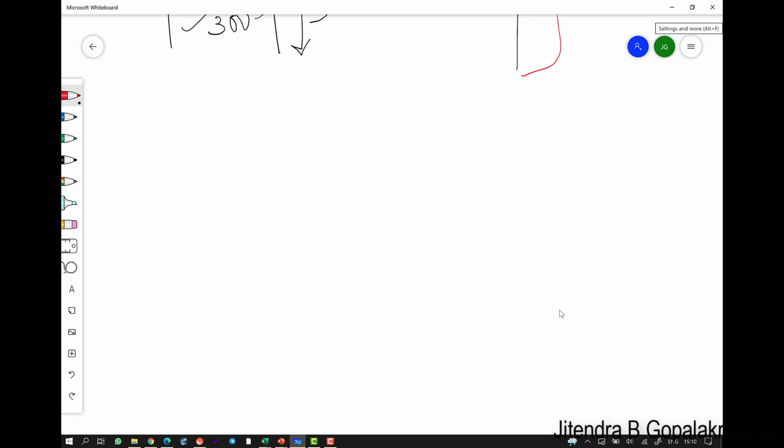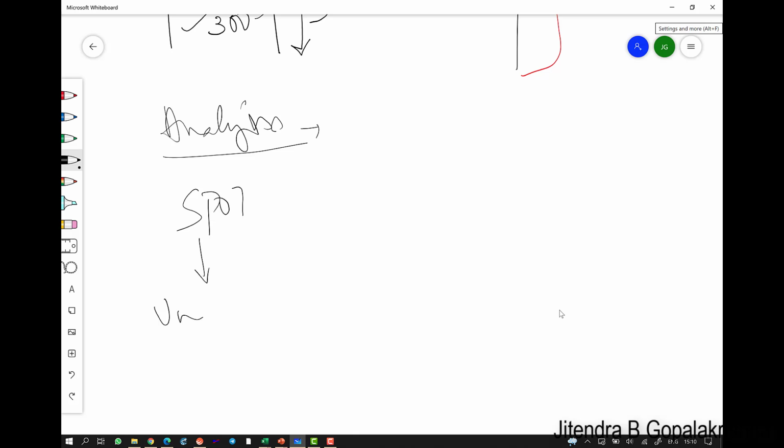So now all your analysis will be in the spot or underlying chart. So you will use the underlying chart to do the analysis.